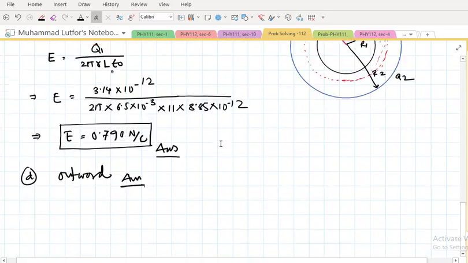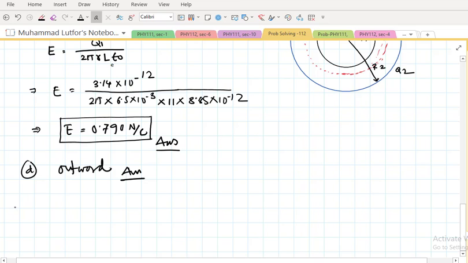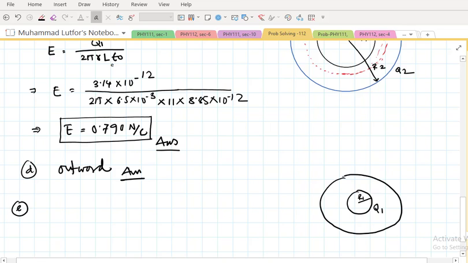Fine. To find out that exterior surface and interior surface, I'm choosing, say, this is my Q1, say R1, and so this is actually that Q2, the total charge on this shell, right?